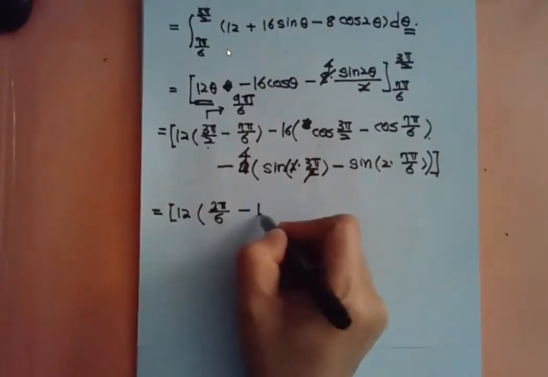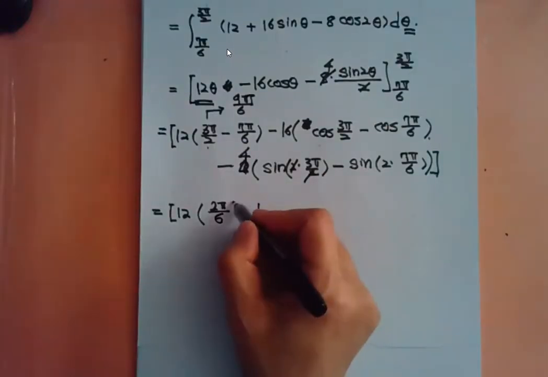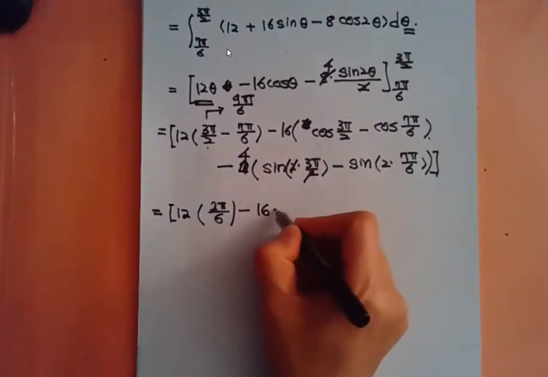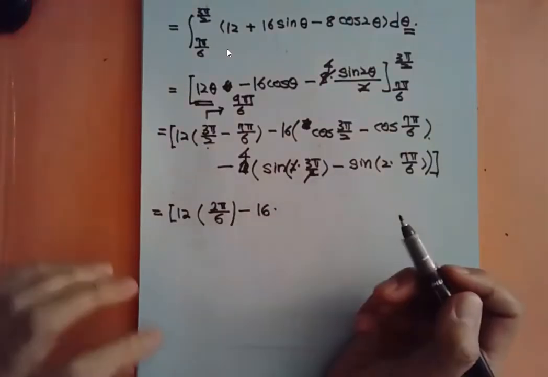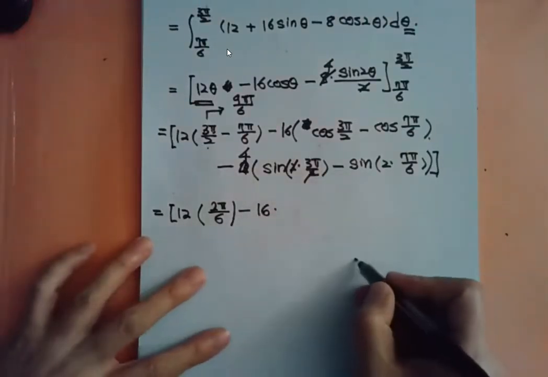And then minus 16 times what is cosine of 3 pi over 2.